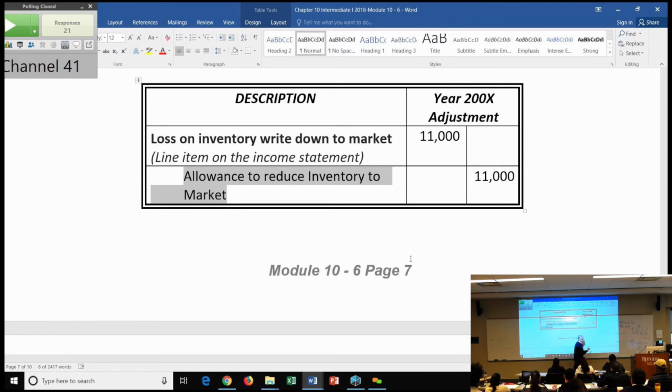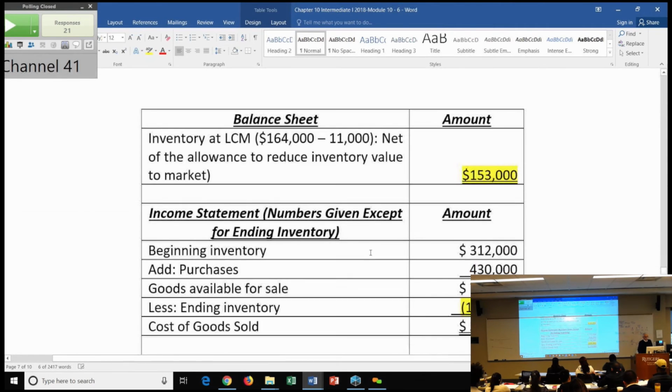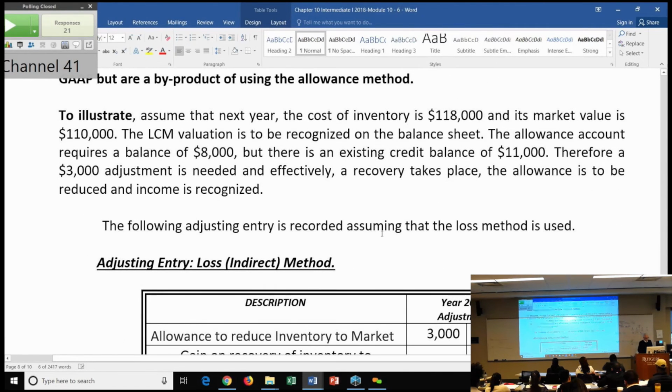There's one problem with the allowance before we move on to the next module, and that is, although US GAAP does not allow recoveries, by using an allowance, you may actually be forced to recover. So for example, let's take a look at a case where you've got inventory of 118.